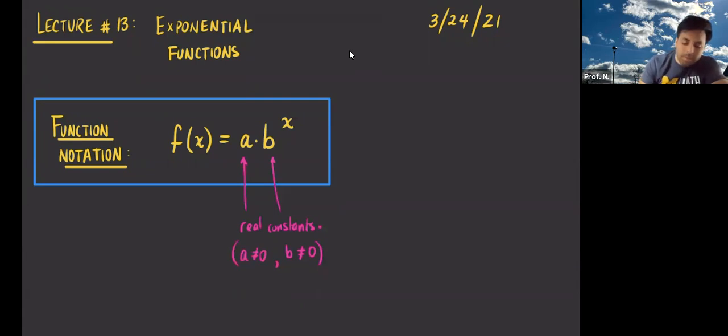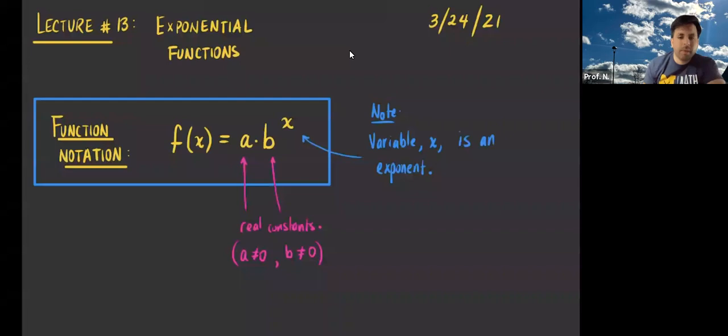And one thing to note is that what makes this exponential is that your variable, in this case x, is an exponent. Normally, what do we have in polynomials, in rational functions? We have our variables as a base. But in this case, b is my base.